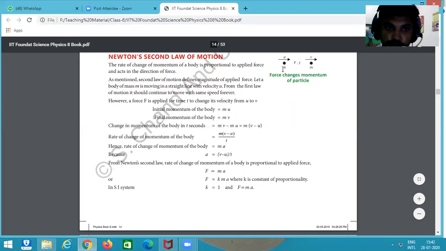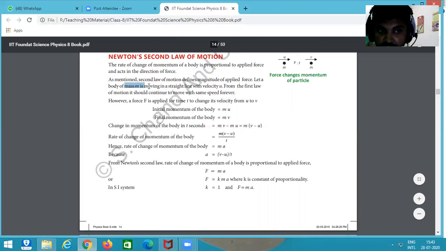Here they show that a body that has mass m moves according to the first law of motion, and it may continuously move at the same speed. It has initial velocity u, and when we apply force on it, after some time the final velocity is v. As mentioned, the second law of motion defines the magnitude of applied force.